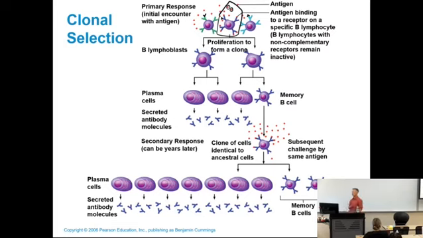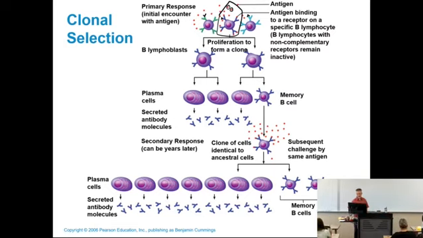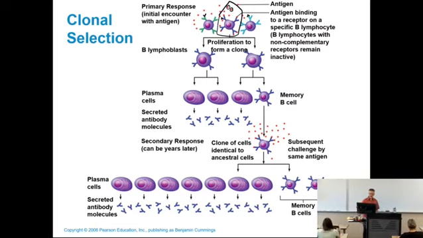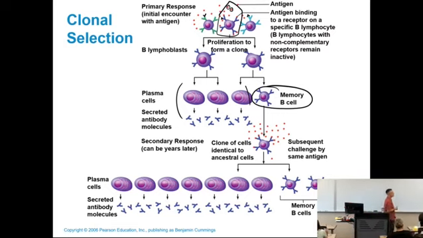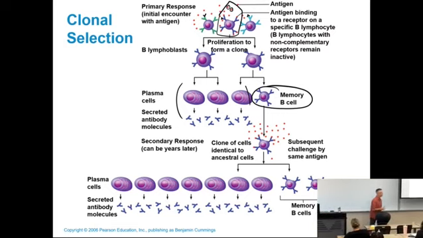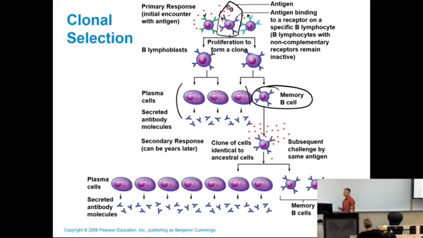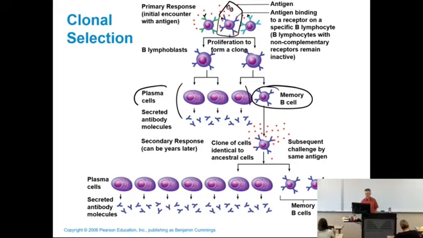So what do we need to do? Like usual, we're going to create a clone army that is going to go into battle. And then in addition, we're going to create some memory cells, some memory B cells. Now the clone army that we create, once this B cell has become activated, actually has a specific name this time. They are called plasma cells.